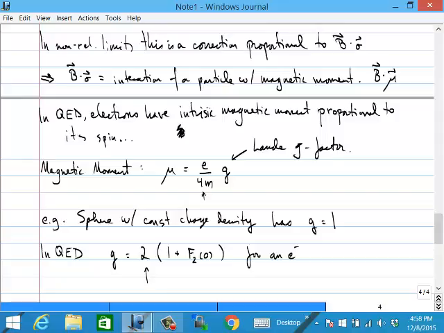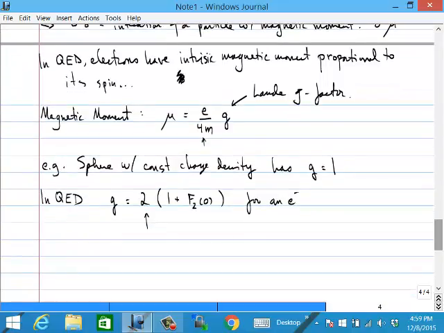And this prediction of the Landé g factor being 2 is a prediction of, let's say, tree-level or classical quantum electrodynamics. And we now see exactly what we need to compute in order to understand the corrections to the magnetic moment of the electron.